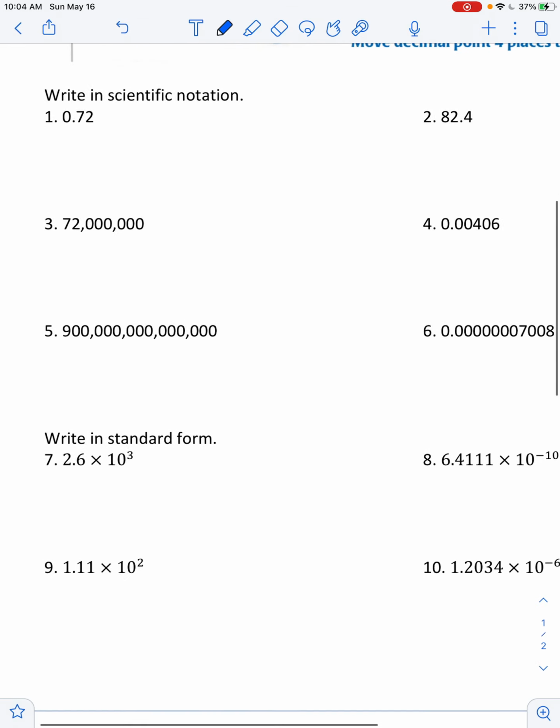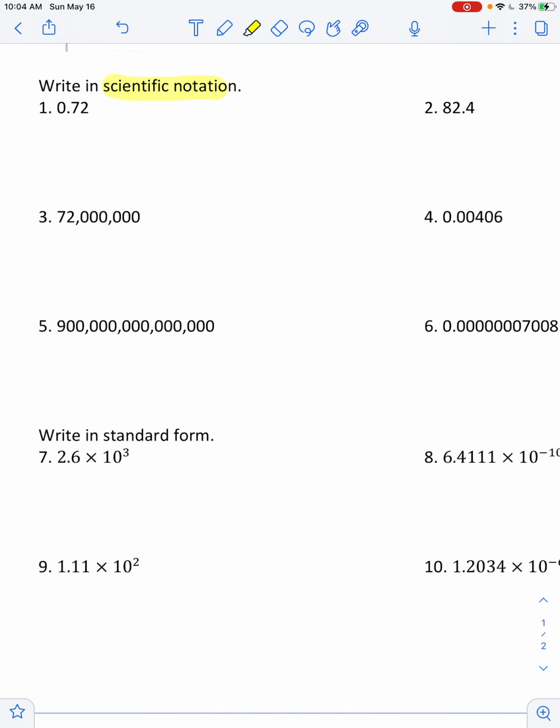So let's try this on our own. Write in scientific notation. In the end, I should have a constant times 10 to a power. Currently my decimal is here. I need to have one digit to the left that's between 1 and 10, so I'll need to do that.